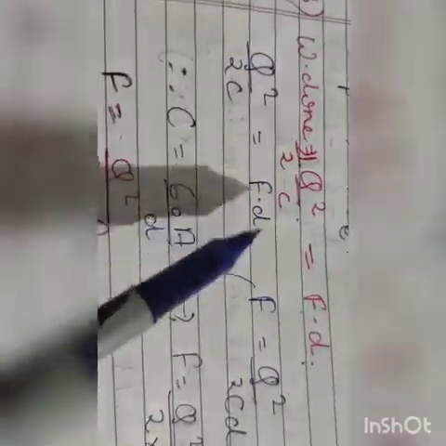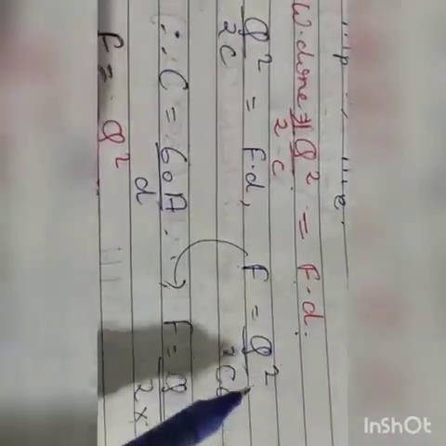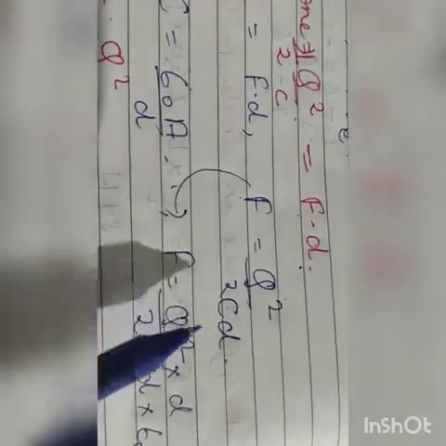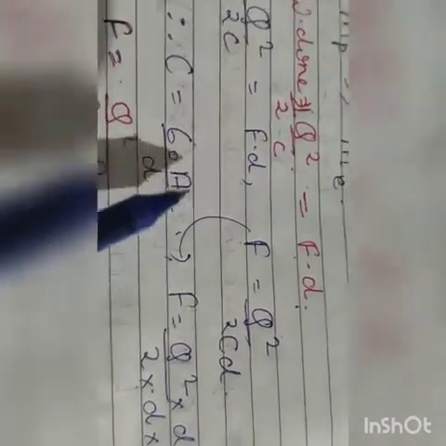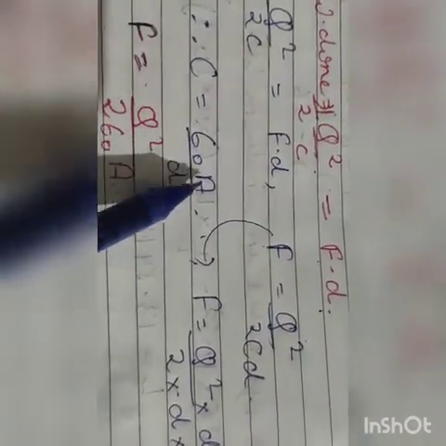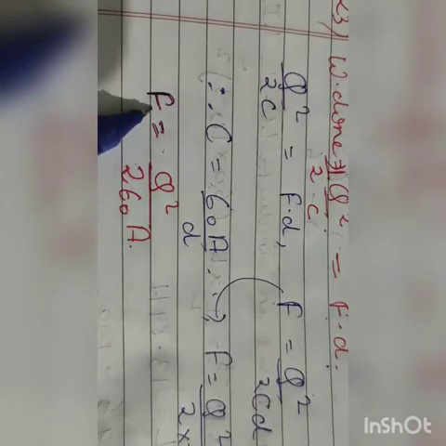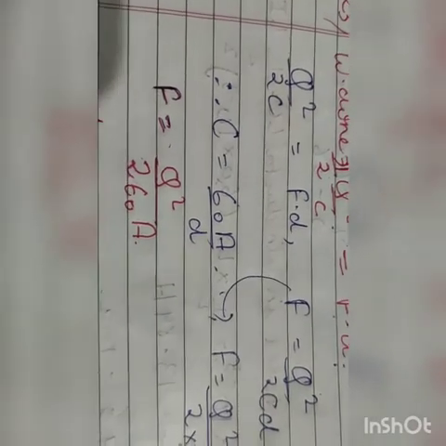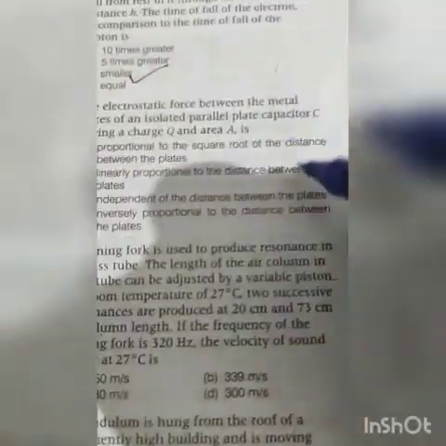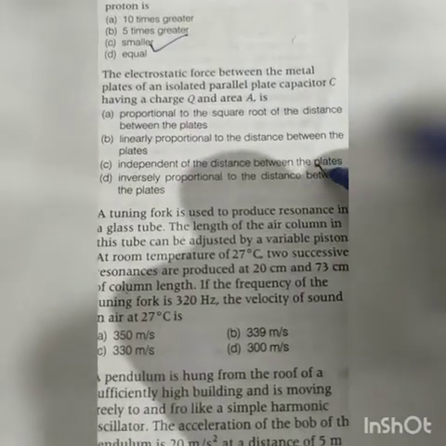So here Q square by 2C is equal to F into D. So F becomes Q square by 2CD, and we know that the value of C is equal to E naught A by D. So we will just put this value, E naught A by D, and this comes to be F is equal to Q square by 2 E naught A. So here the option is C, independent of the distance between the plates.